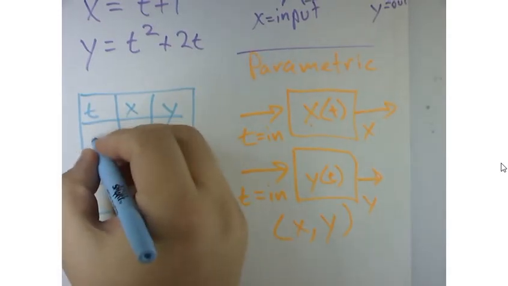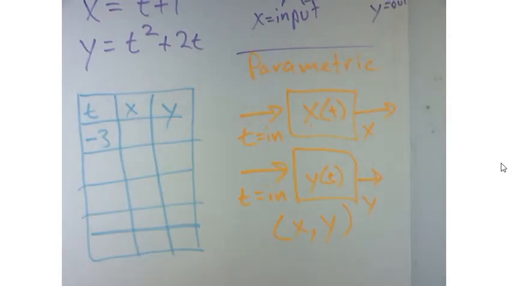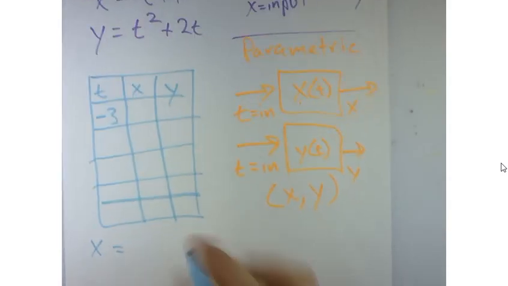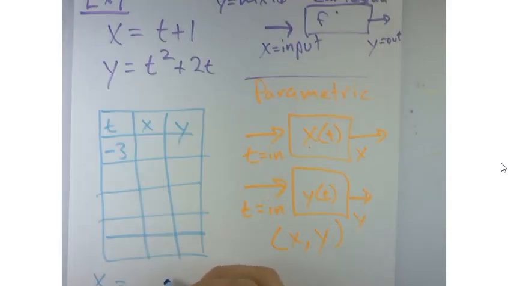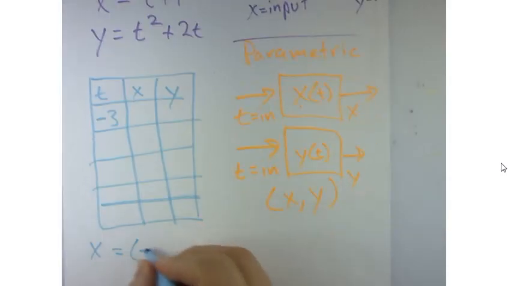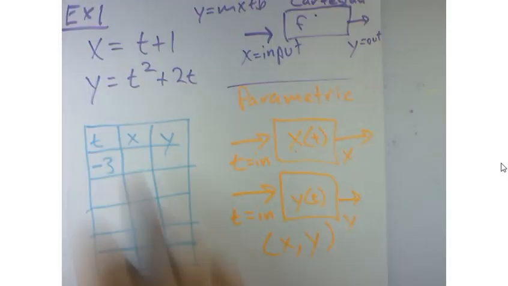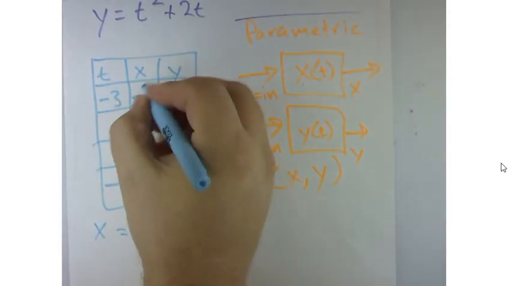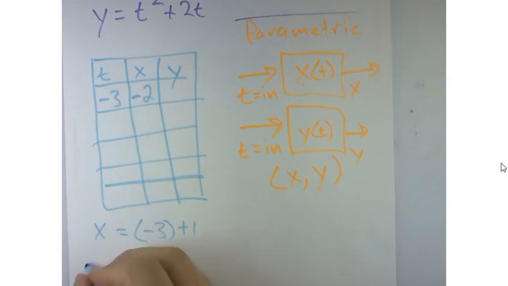If I let t equal -3, then there's 2 things I'm going to do. I'm going to find out what x is when t equals -3. So if I say x is equal to, my original equation is t plus 1, so wherever there's a t, I'm going to plug in a -3. Alright, so do you see that? T plus 1. If I let t equal -3, I plug that in and I get -2. Now, I've got to do the same thing for y.